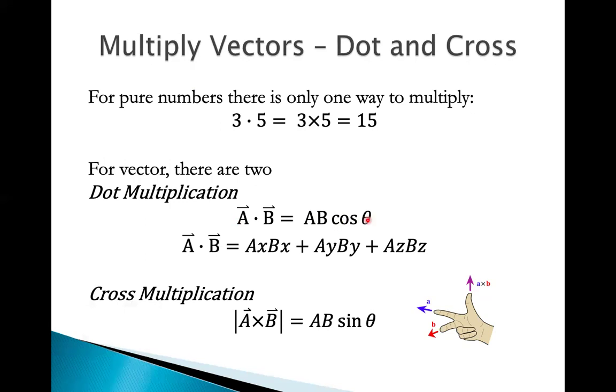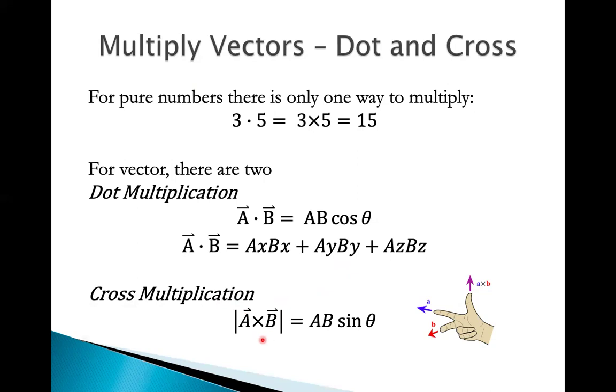We're going to use it later, for example, to calculate work. We're going to introduce what work is. Work is force dot multiplied by displacement. You multiply these two vectors, you get a scalar. Cross multiplication, when we calculate torque, will be different. The force cross multiplied by a displacement gives us a vector.